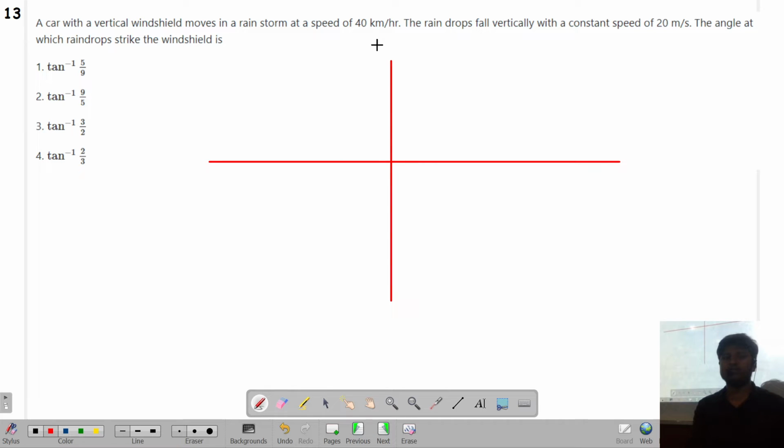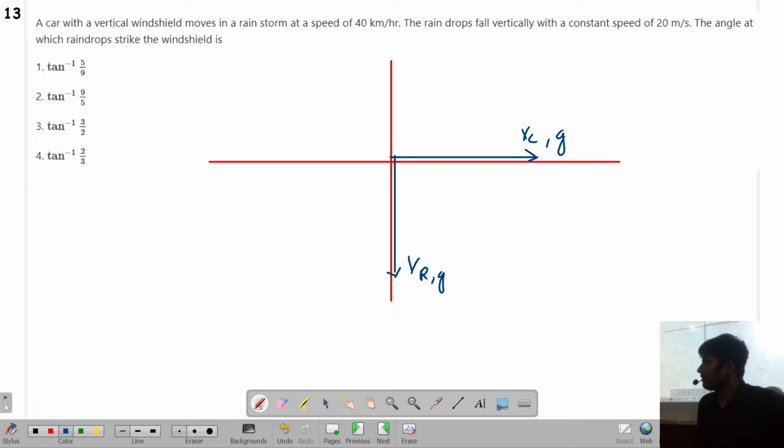Let's suppose the car moves in this direction. Raindrops fall vertically at a speed of 20. This is the velocity of the car. This is the velocity of raindrops with respect to ground. Are you able to get me or not?